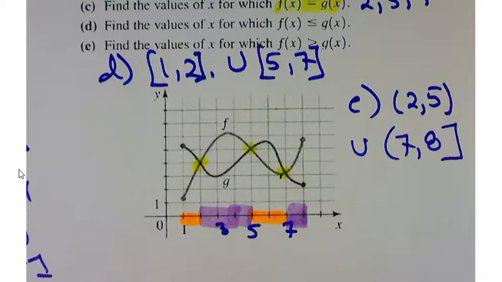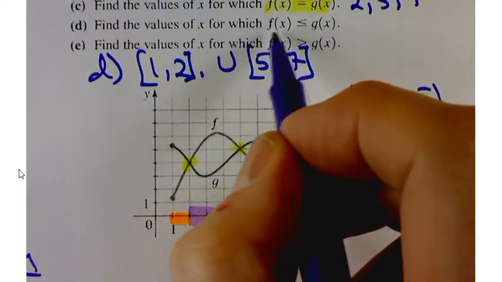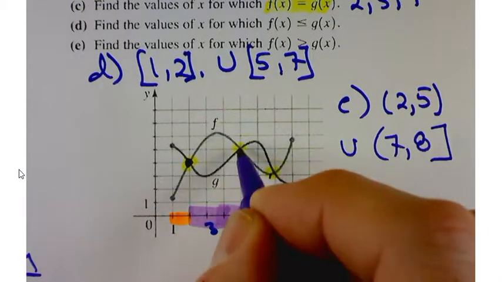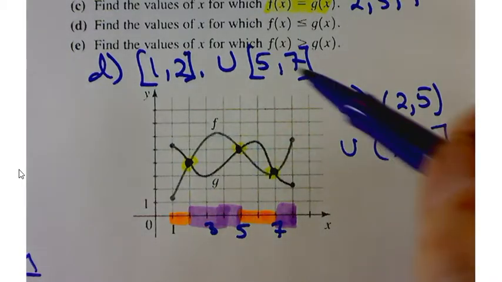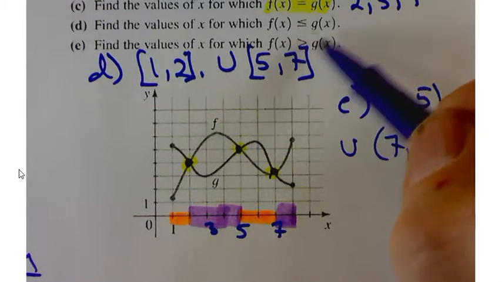What makes it a bracket in D is that we're looking for a less than or equal to. And at these points where the graphs cross each other, they're actually equal. And you can include those because we're looking for something less than or equal to g of x. So you can include those.